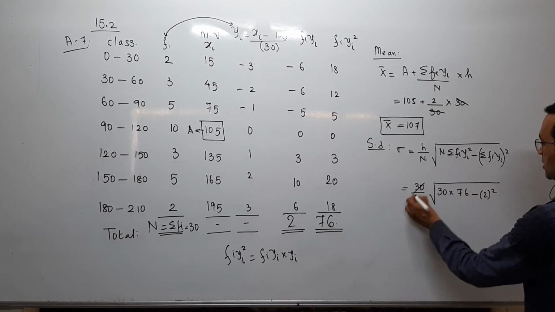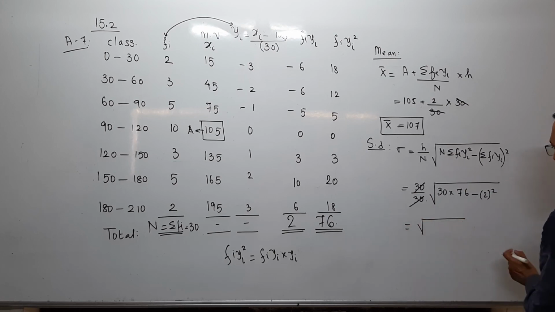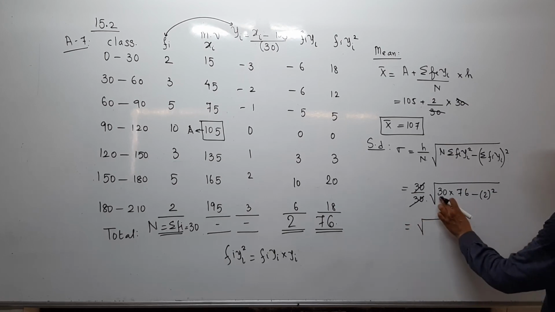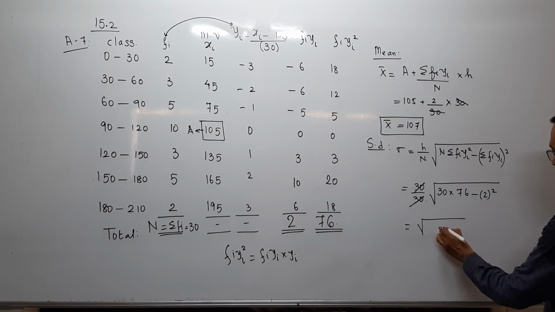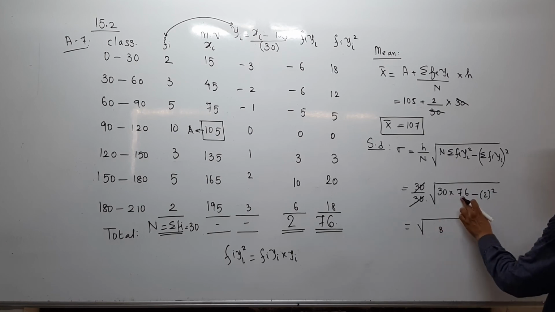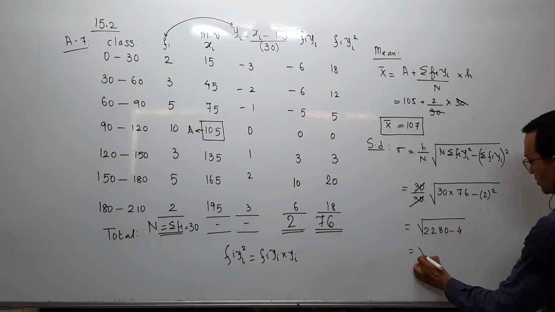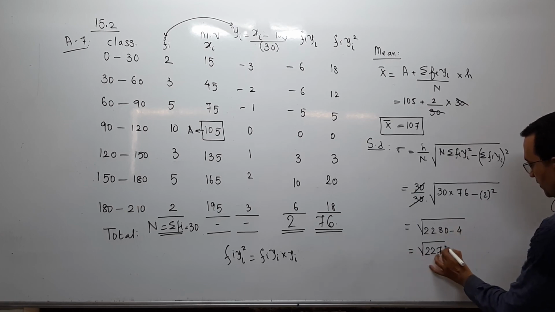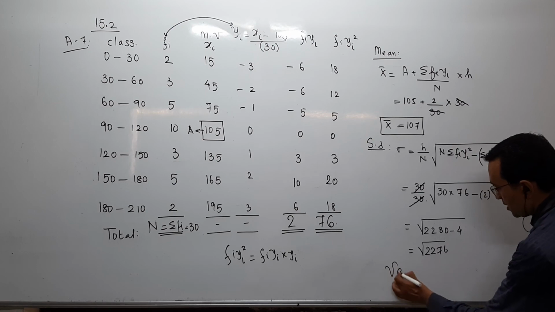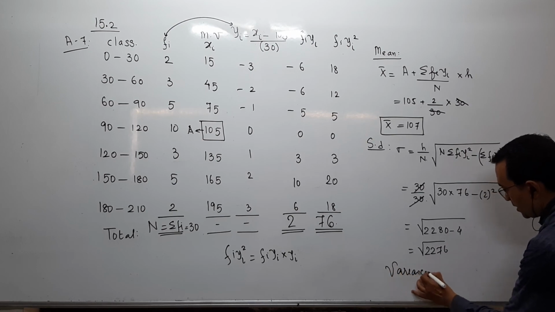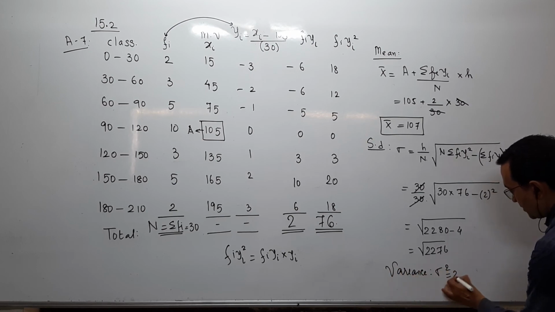So this 30 and 30 get cancelled. This is under root of 2280 minus 4, so this is under root of 2276. So variance will be sigma square, and that is 2276.